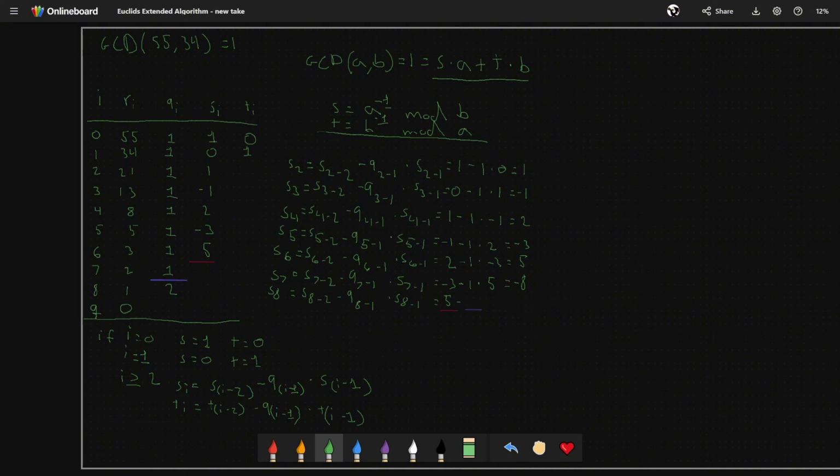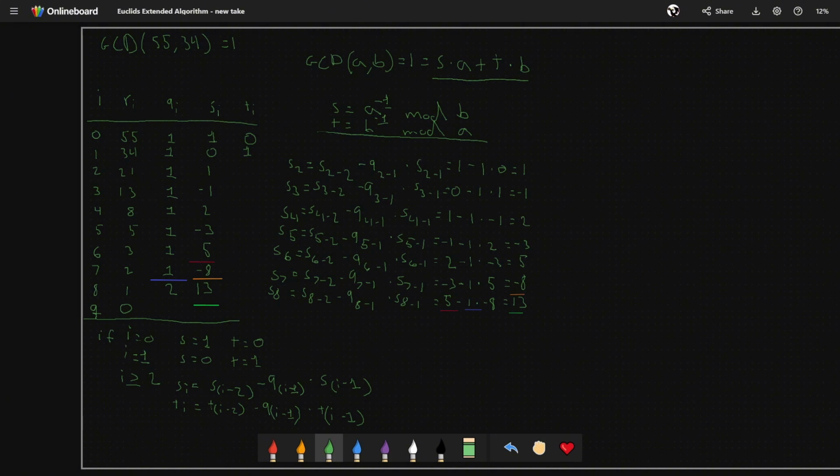Q7 is equal to 1 multiplied by, oh sorry, let me write negative 8 over here. S8 minus 1 is S7. S7 we found to be negative 8. So again, we have 1 multiplied by negative 8. That's negative 8. And we have 5 minus negative 8 turns to plus. So we'll have 5 plus 8. That's 13. So 13 is our S value at the last value of I.